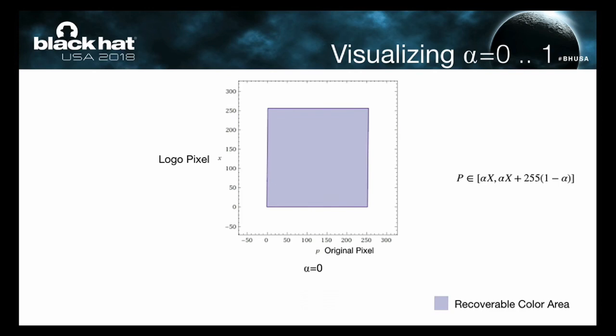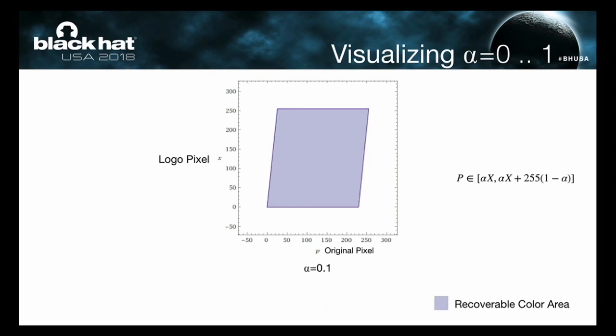If alpha is 0, which is totally transparent, the area means the recoverable color area. So if it's totally transparent, you can actually place any logo pixel and the original pixel is recoverable, right? So this is 100% recoverable.